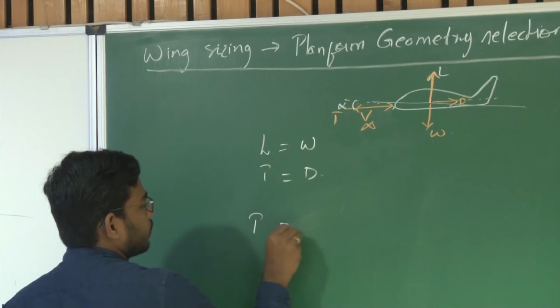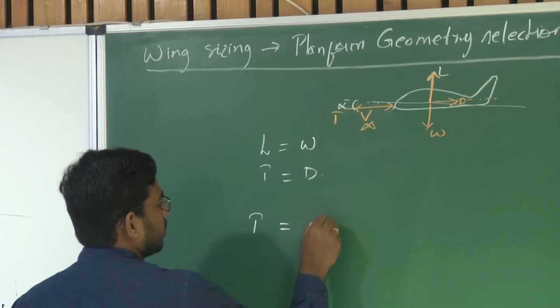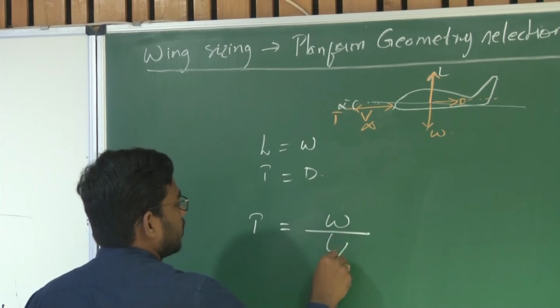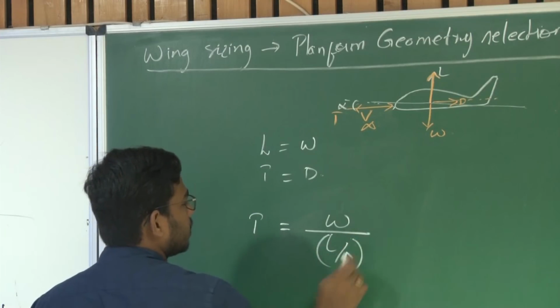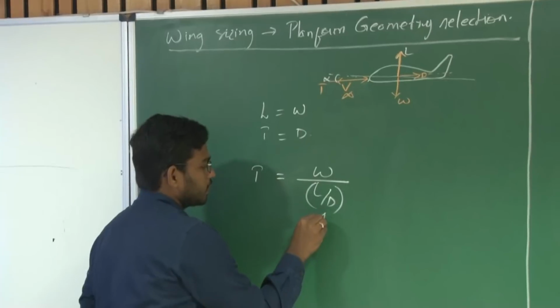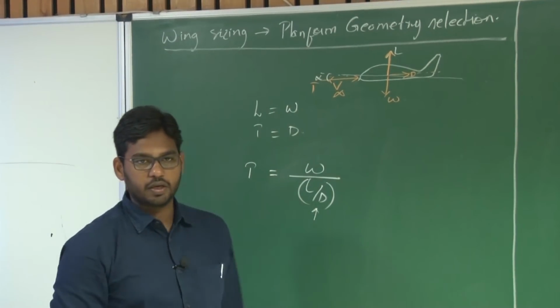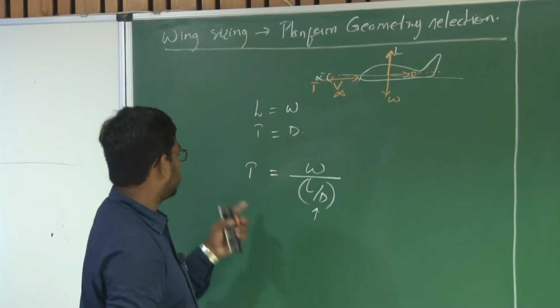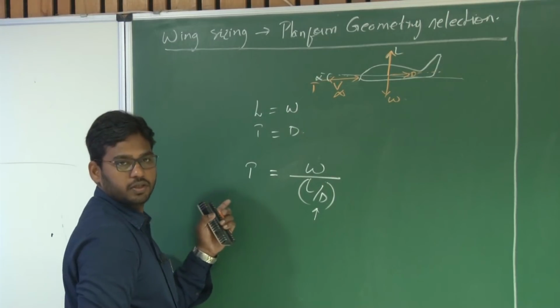So if, while calculating the thrust required, we assume it depends upon L by D, W by L by D, then if you know at what L by D you are going to fly, you will be able to figure out the corresponding thrust required.